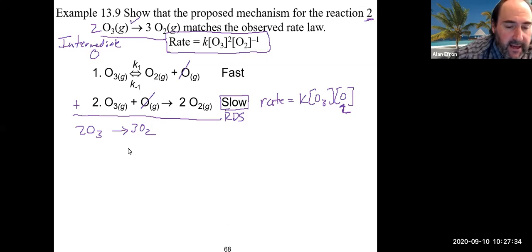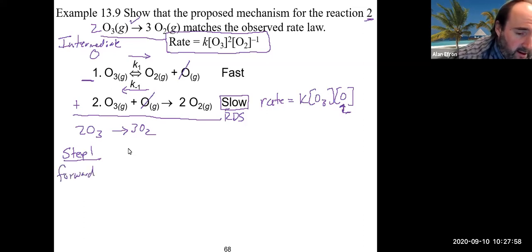And to do that, in this case, we only really have step number 1 to work with. It also is a reversible reaction. So we got the K1 going in that direction, K to the -1 going in that direction. So we can write two rate laws for step 1, just like we did in the previous one. In the forward direction, which would be reactants going to products, we could say that the rate equals K1 times O3.